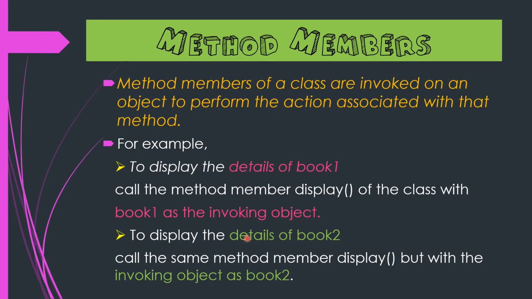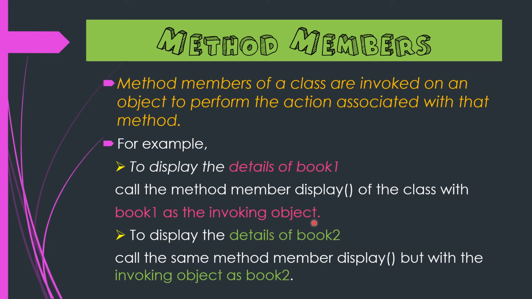Similarly, if you want to display the details of book 2, then what is the certain action that will be performed here? It will be displaying the details of book. And what is the method member that we are going to use? It will be display. The method member is same in both the cases. Why? Because we want to perform the same action in both the examples, but we want to perform that action on different object.